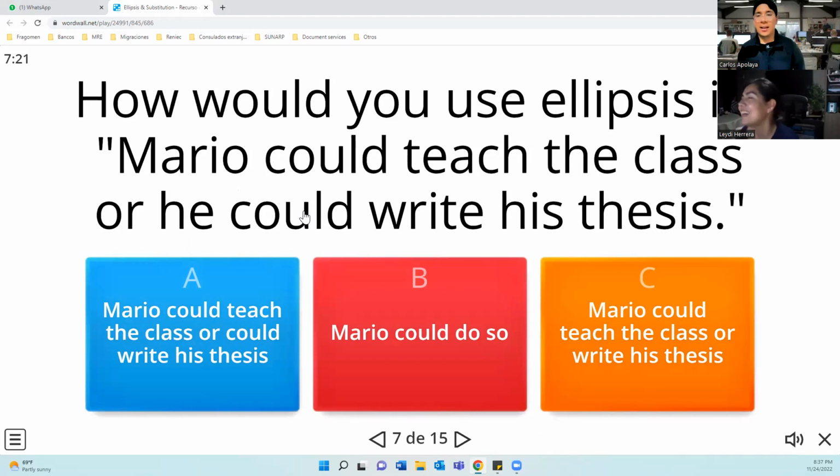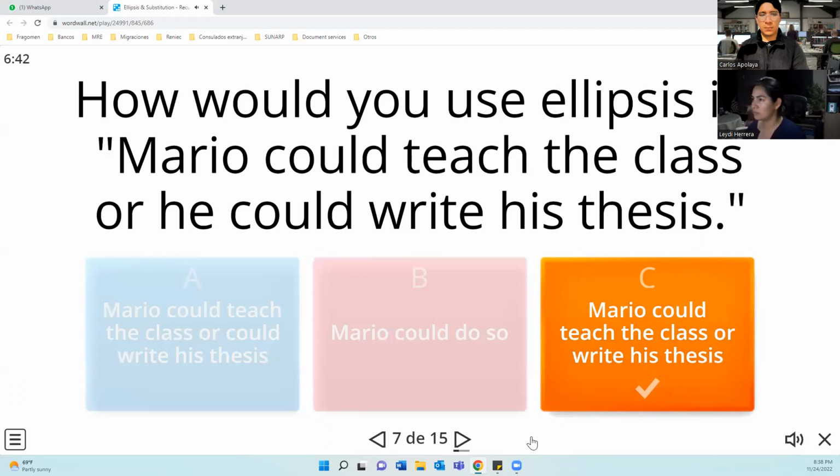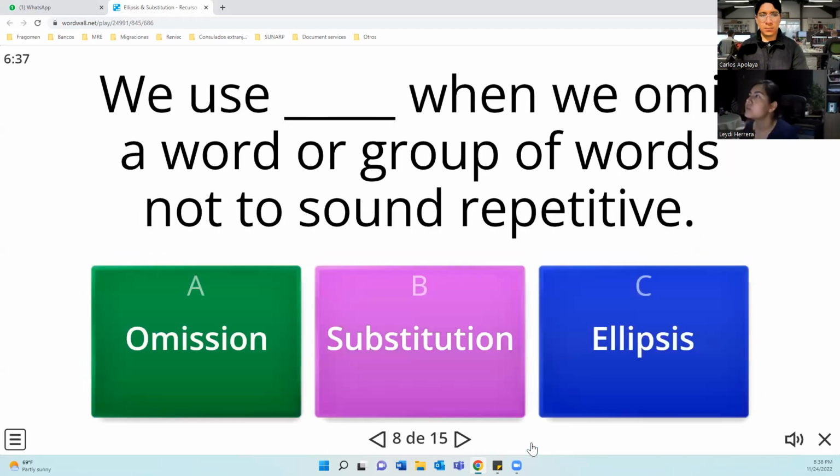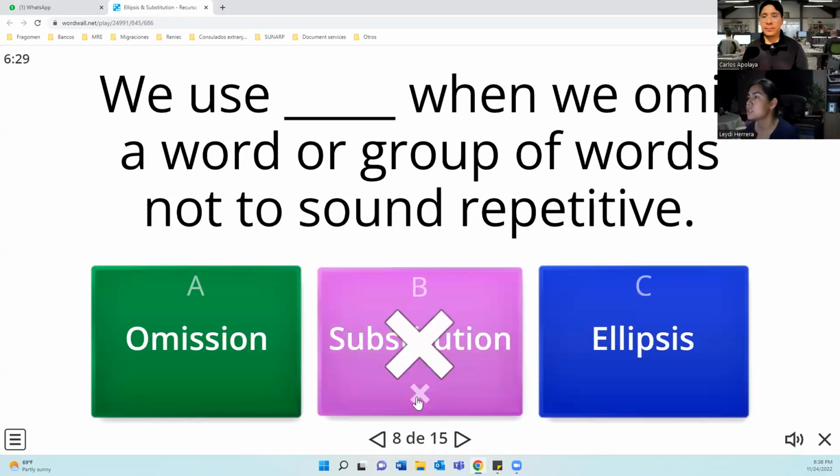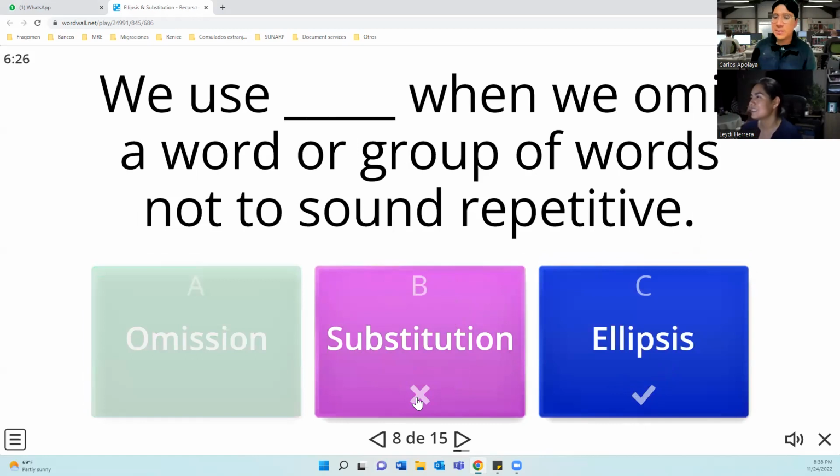Yeah. Okay, oh, you realize. "The class, or he could write this." Situation. This is ellipsis. Ellipsis viene de omitir.